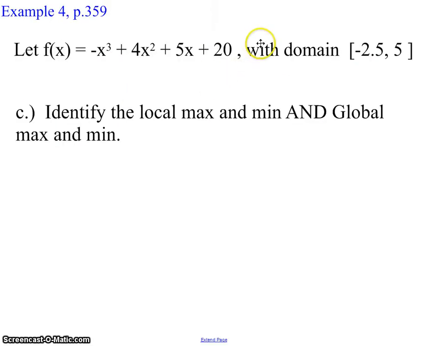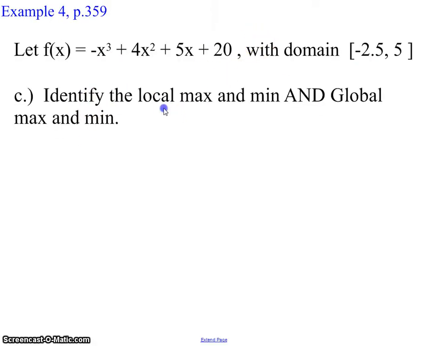Part C, same problem, says identify the local max and minimum and global max and min. When we graph, it's in the interval from negative 2.5 to 5. So when we graph f of x, it's a cubic.